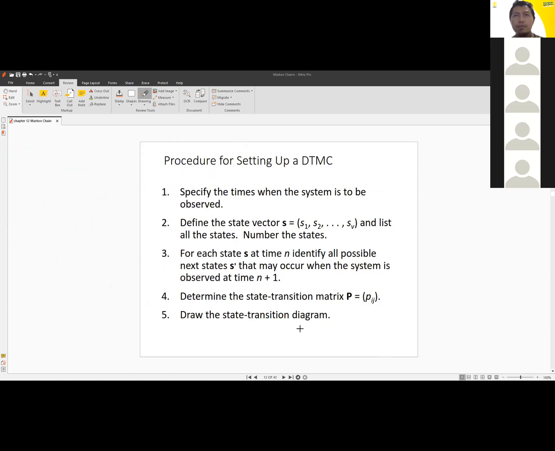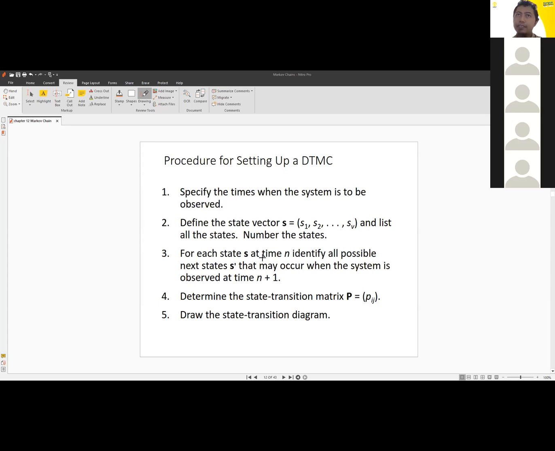This is just an explanation of how to transform from the state to the transition matrix or transition diagram. First, specify the times when the system is to be observed. Define the state vector: how many states you have, list all the states, and number them.